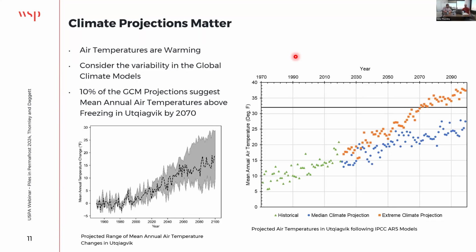This is a significant finding, because it tells us that if we want something to be out there in 2070, we cannot rely on just traditional air temperatures alone, because we have a high risk that you could be looking at problems by 2070, 2080.